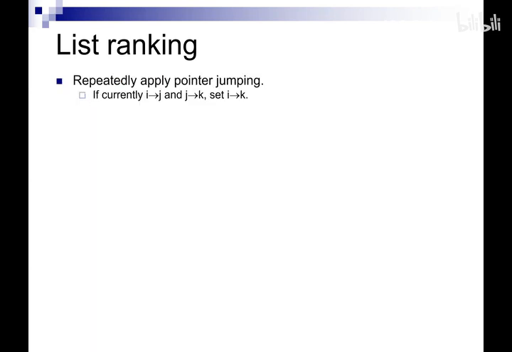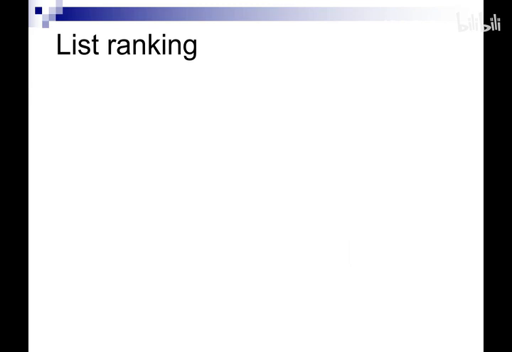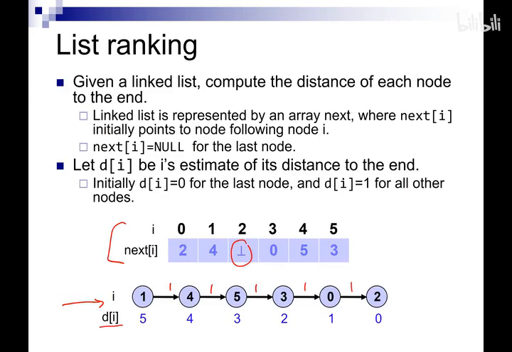The way we do it is we apply a technique called pointer jumping, and we repeatedly apply this technique. In this algorithm, nodes have pointers to other nodes. Initially every node just points to its next node, but we could also have nodes point to other nodes.